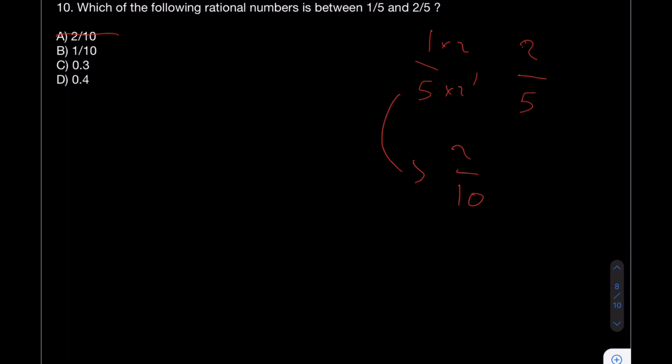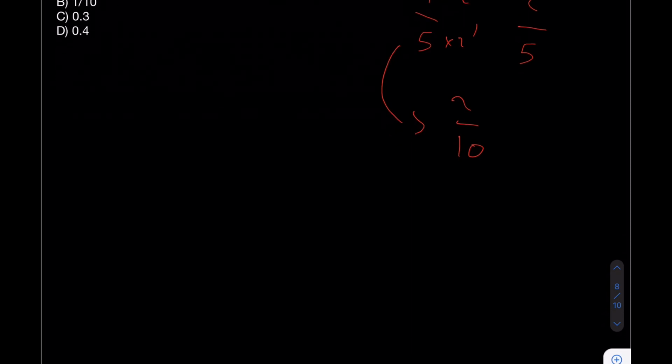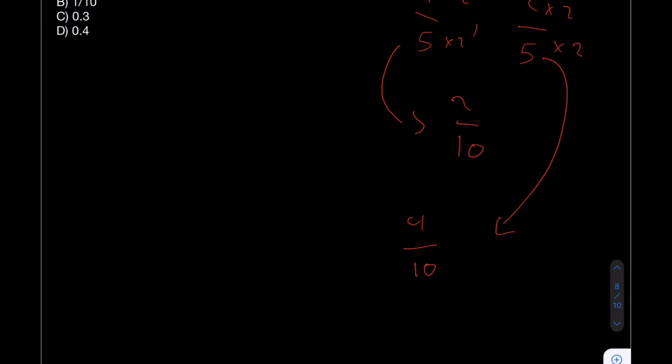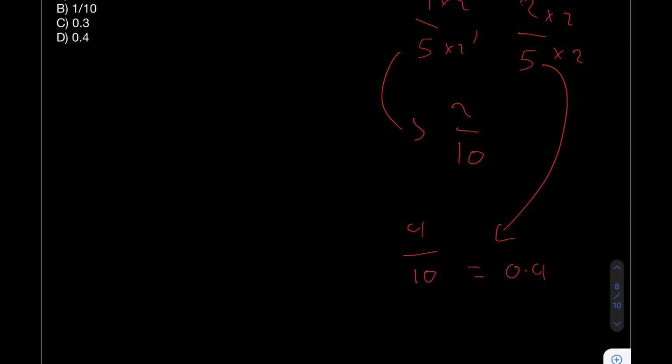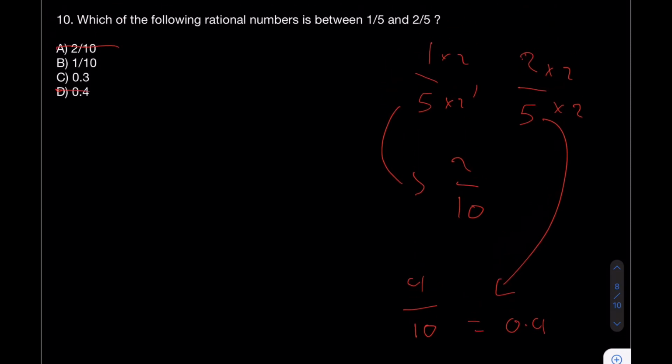And 2/5 is the same as 4/10 if you multiply top and bottom by 2. And 4/10 is the same as 0.4, right? So it's not this. And now we're left with 0.3 and 1/10.